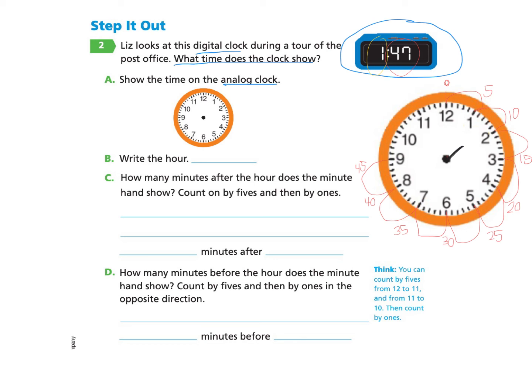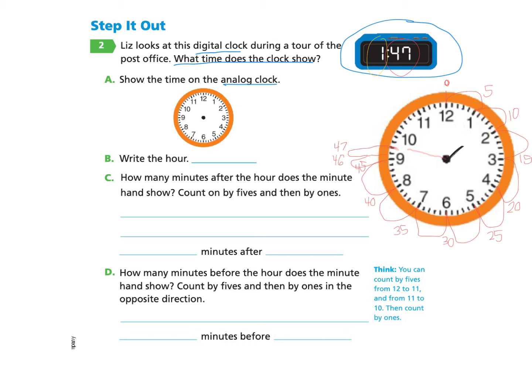So now that I'm here at 45, I will count by ones for each mark. So we have 1 mark here at 46 and 1 more mark for 47. This shows me exactly where to draw the minute hand. So I will make my long line for the minute hand close to this mark here that represents 47 minutes.